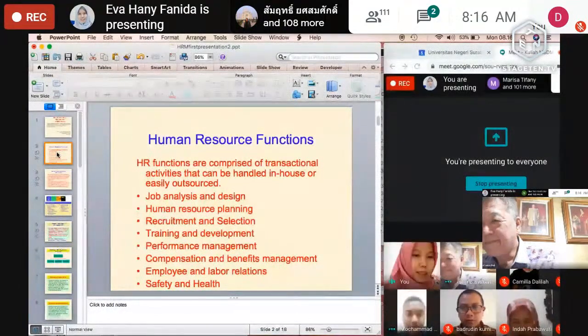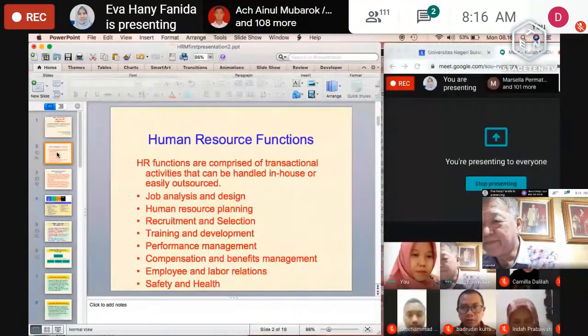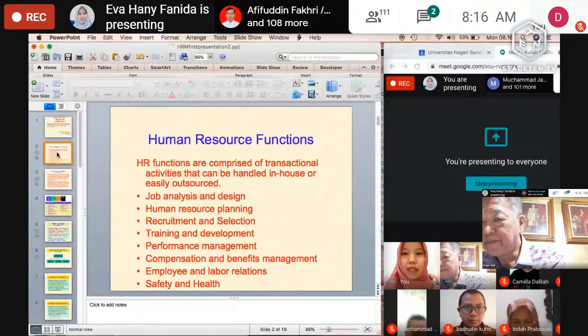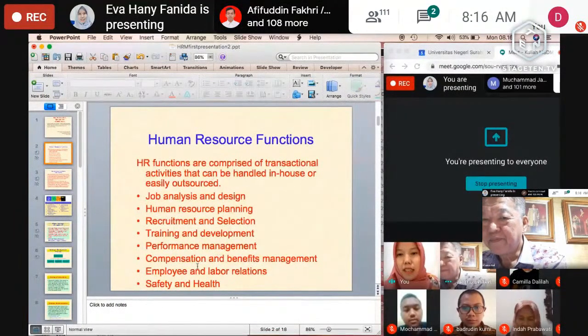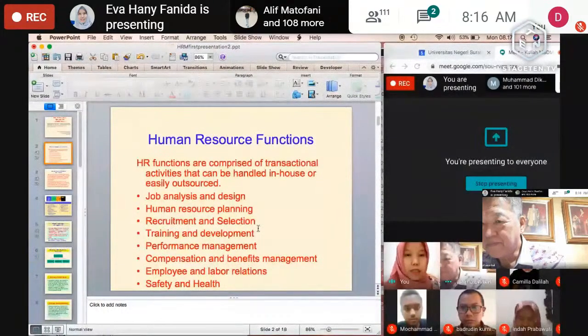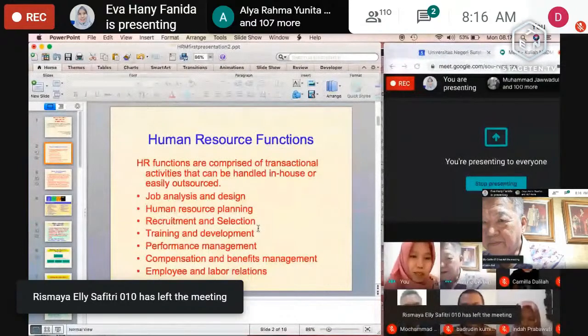Any others? For now, maybe just this one. Ajahan Samrit, my student asks whether there are other criteria for the recruitment and selection process for the staff we recruit for our organization.